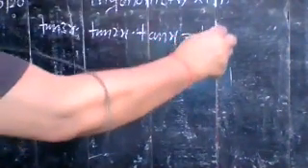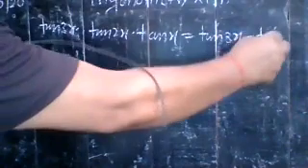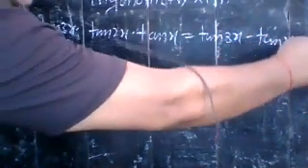Yes, write it so that tan 3x into tan 2x into tan x is equal to tan 3x minus tan 2x minus tan x.